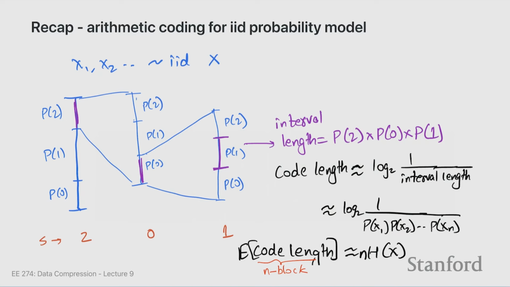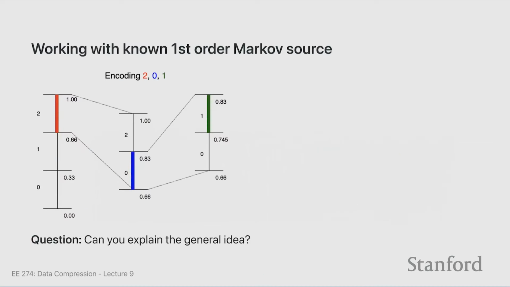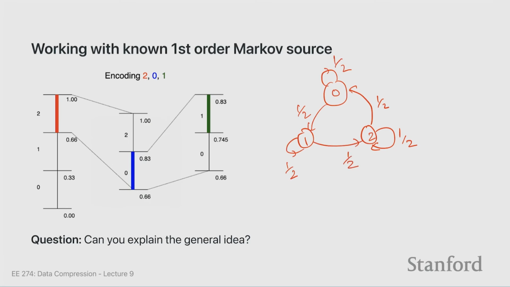Okay, so if we are happy with this, and I hope we are, we look at this Markov chain where every symbol can go to either itself or 1 plus that symbol, modulo 3.